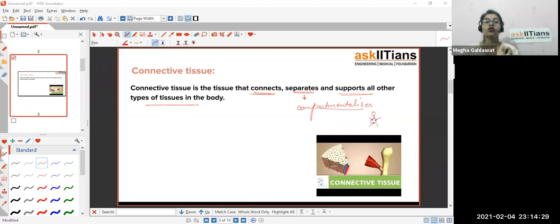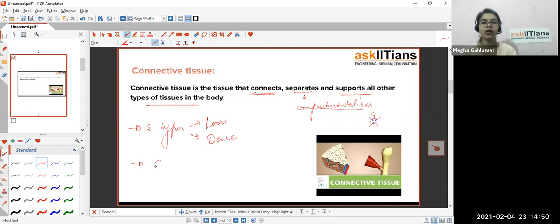Now, it is basically of two types when it comes to being scattered in the body: the loose connective tissue and the dense connective tissue. We'll discuss these in detail.